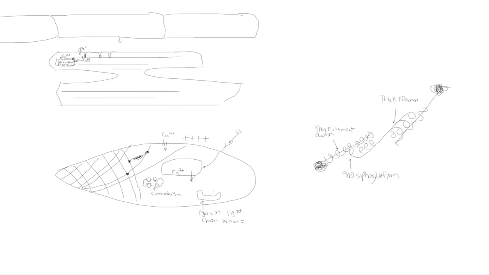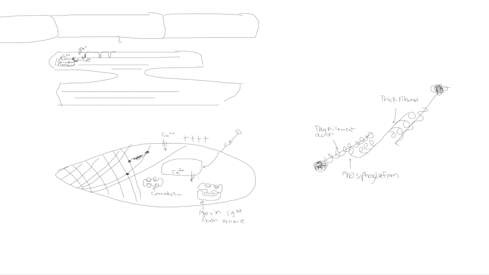Okay. Now, let's just say they're together now. Something like that, maybe. Okay. So they're together. All right. By the way, these things are calciums, just to make that clear.